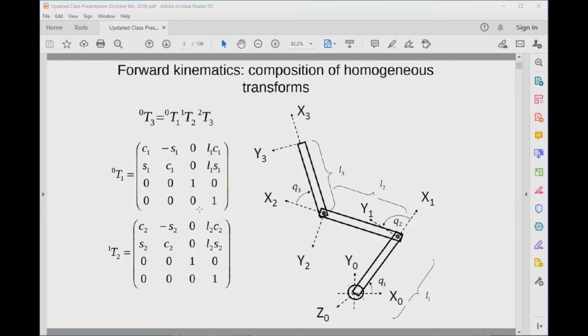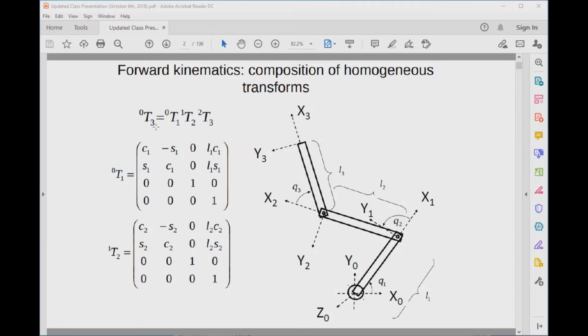If you do this, you will also end up with the same thing. Here, if you project x2 on x1, you're going to get cosine q2, and if the angle is greater than 90 degrees, then the x component of vector x2 with respect to x1 will be negative, as you would probably see on this figure very easily.